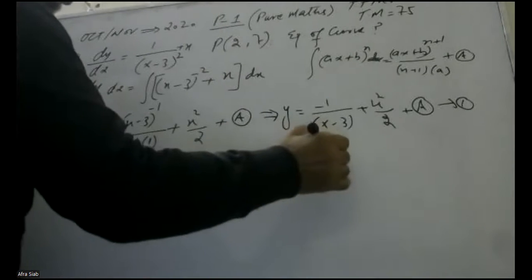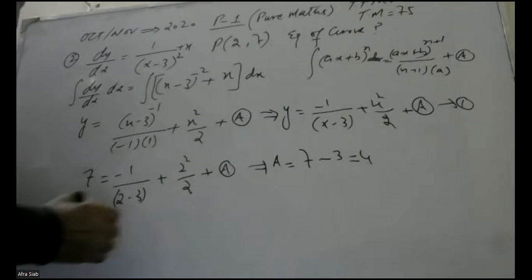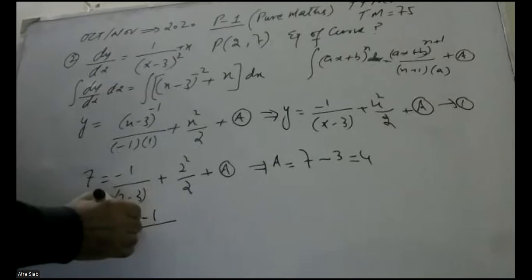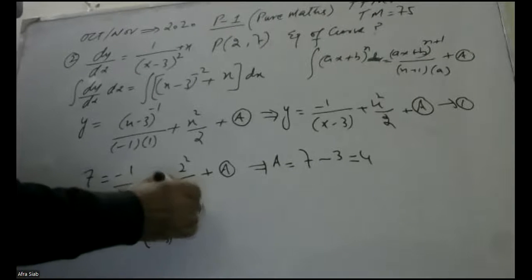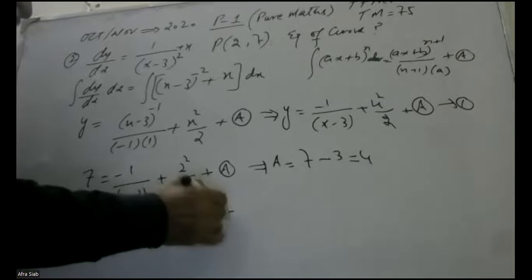This implies that a is equal to 7 minus 3, and that is equal to 4. So put a equal to 4 in equation number 1, then y is equal to minus 1 over x minus 3 plus x square over 2 plus 4, and that is the required equation of the curve.